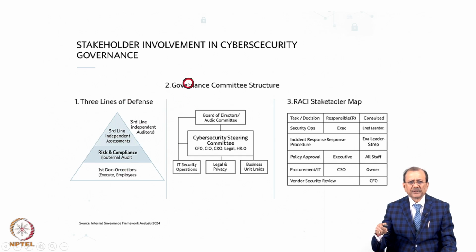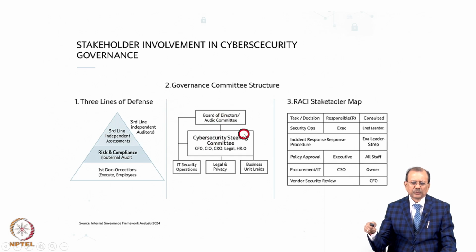Then there should be a governing committee headed by the board. In large companies, as we know, this cyber security aspect is a board matter now. It is not only limited to general managers or any director. Cyber security is a subject where the board takes the view and gives the direction to the people down the line.